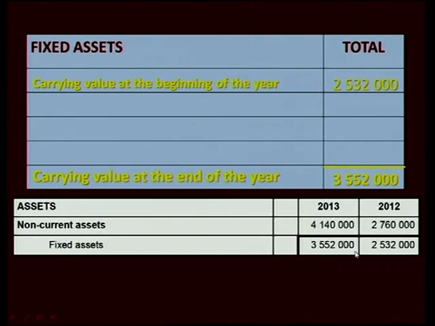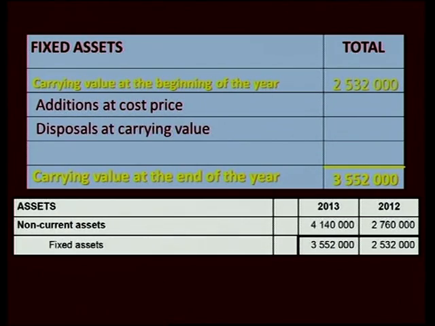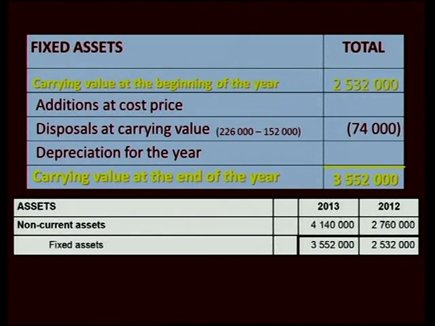Now, again, a bit of magic. We also know in fixed assets that three movements can take place. Additions at cost price, disposals at carrying value, depreciation for the year. Okay, so those three things can happen. Number one, I know that 74,000 rands worth of disposals took place.